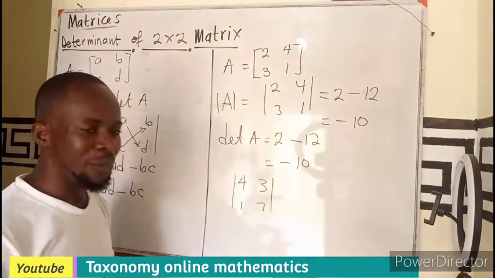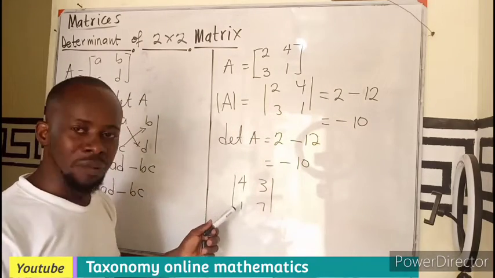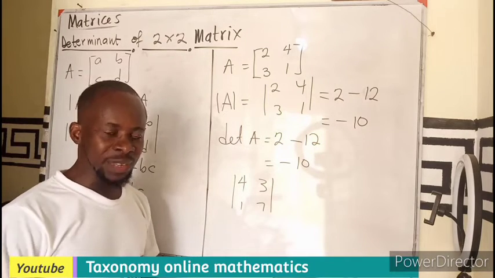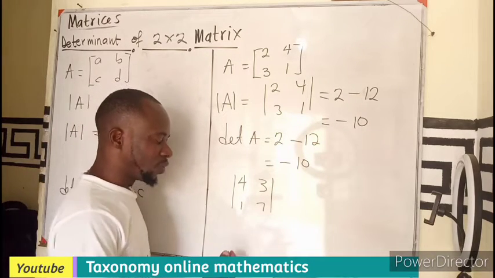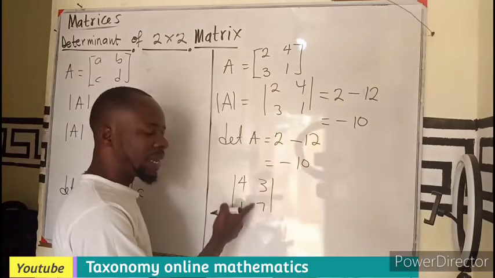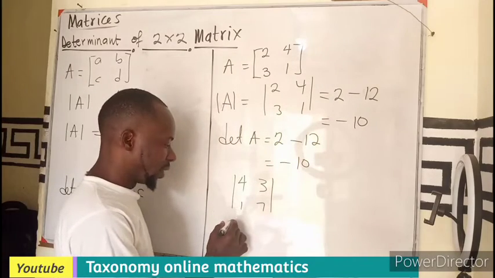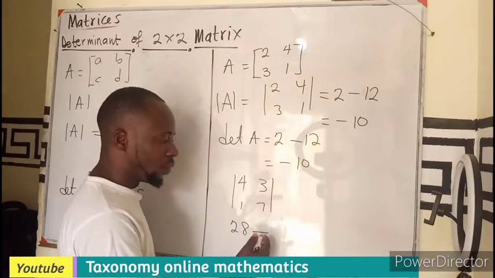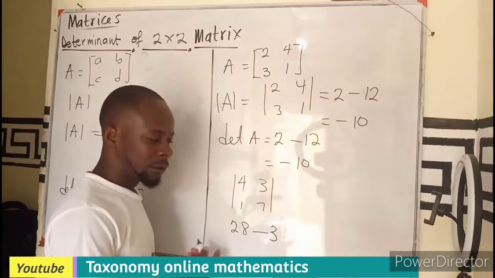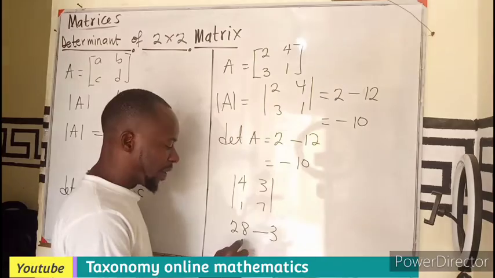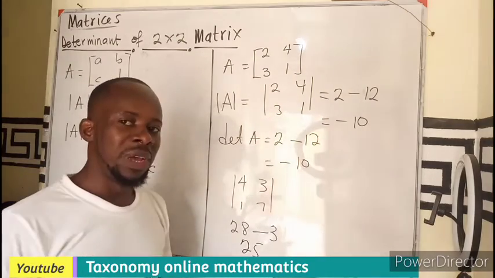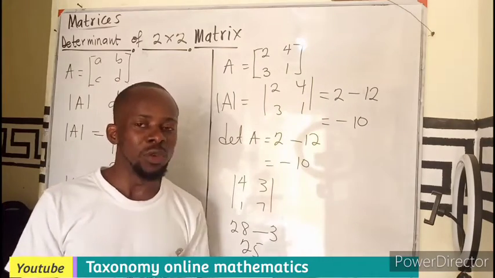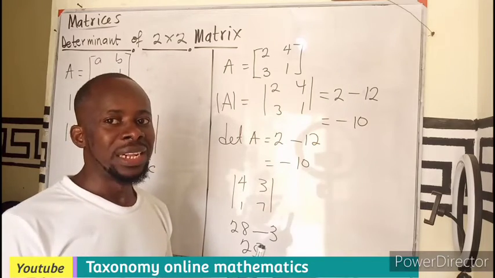So I believe you can find the determinant of this per the explanation we have, which is going to be the leading diagonal, which will be 28, minus the other diagonal, which is going to be what? 3. So in this case, we are going to arrive at 25. I said in the beginning that a determinant is always a scalar, just a number.